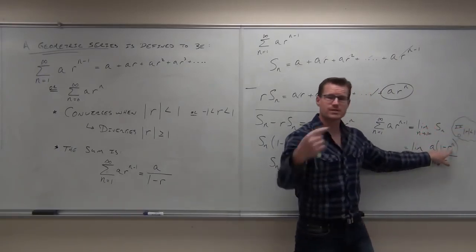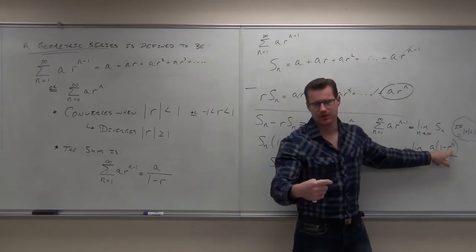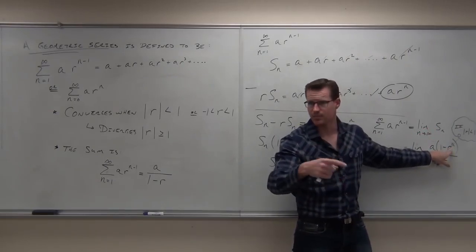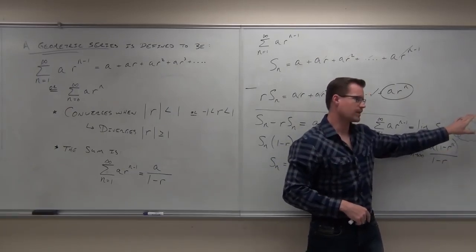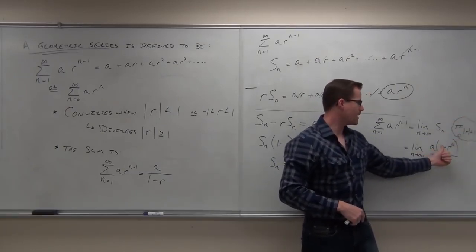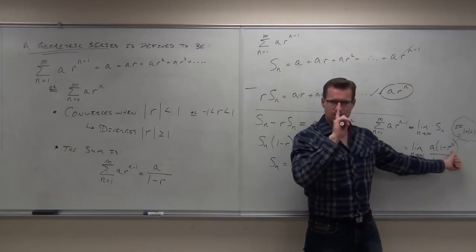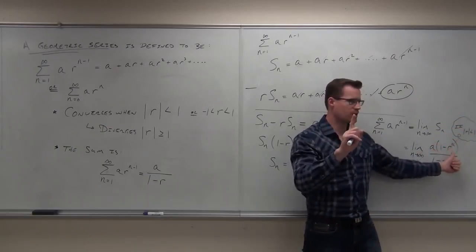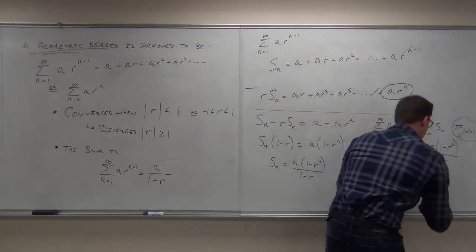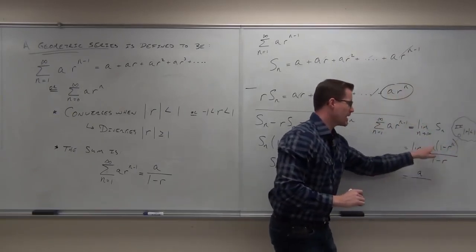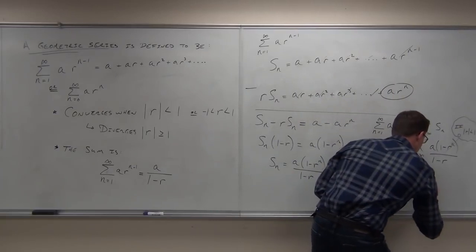If we have r less than 1, though, in absolute value, so between negative 1 and 1, then that number raised to infinity is going to go to 0. 1 minus 0 is 1, a times 1 is a, and r is a constant here, so we have a over 1 minus r.